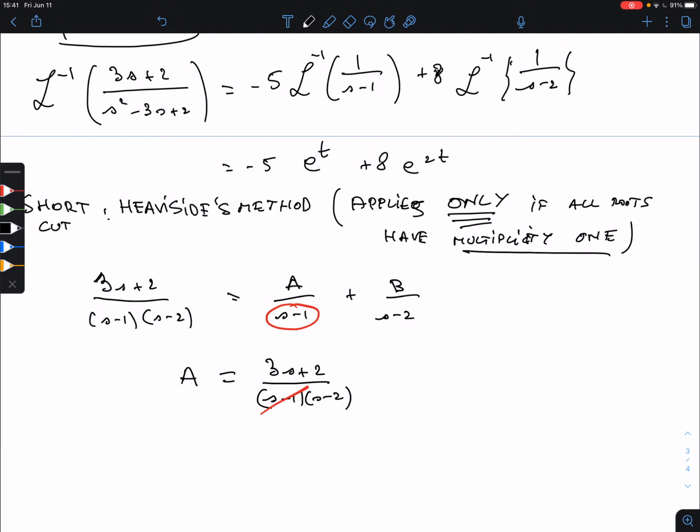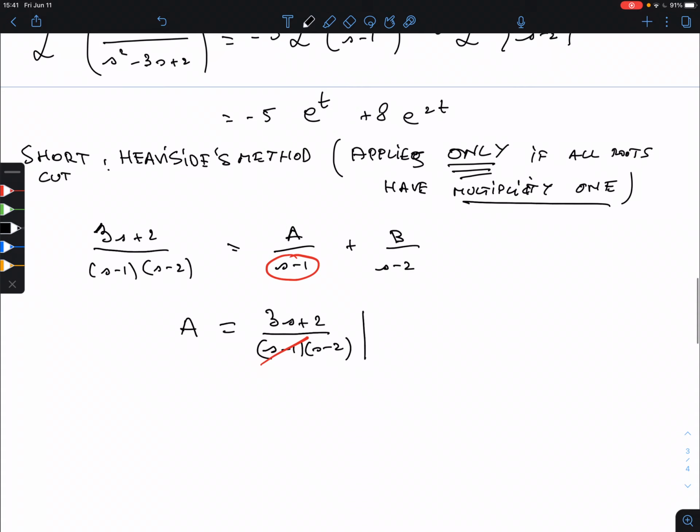And then you evaluate at s equals 1, the root. This 1 is the root that corresponds to the factor that you have cancelled out of this expression. The original expression, you factor away, that's why you need a factored denominator. You scratch out that one factor, and now you plug in.